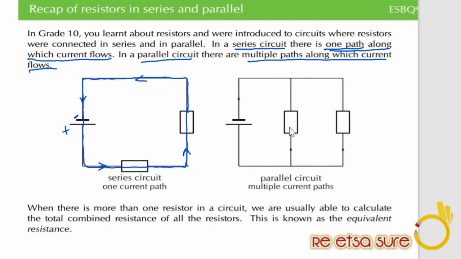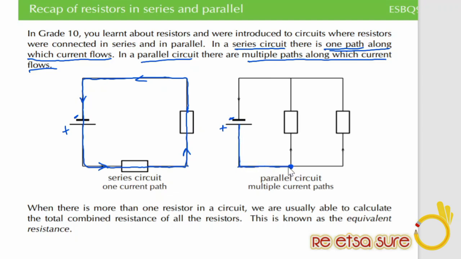As you can see, these two resistors are now connected in parallel. Why am I saying that? Let us say this is the positive terminal of a battery, and this one is the negative terminal, so our current flows from the positive terminal.